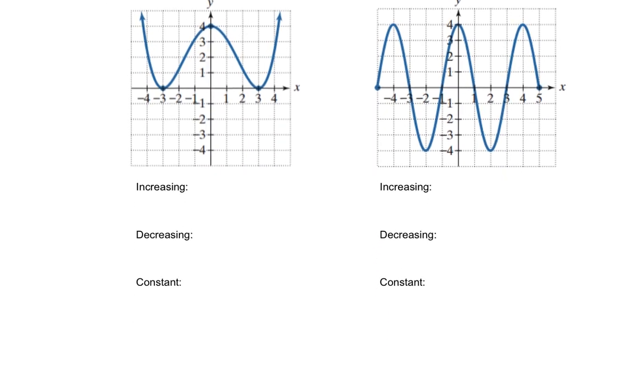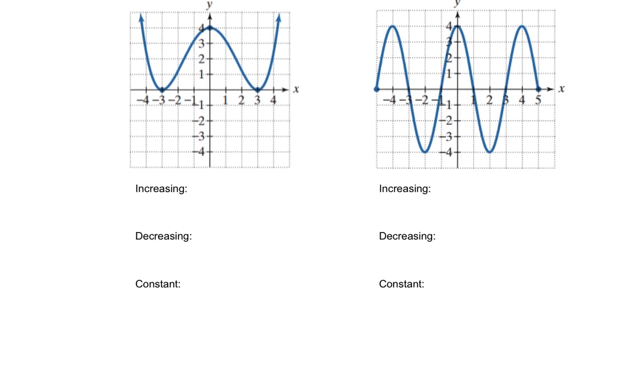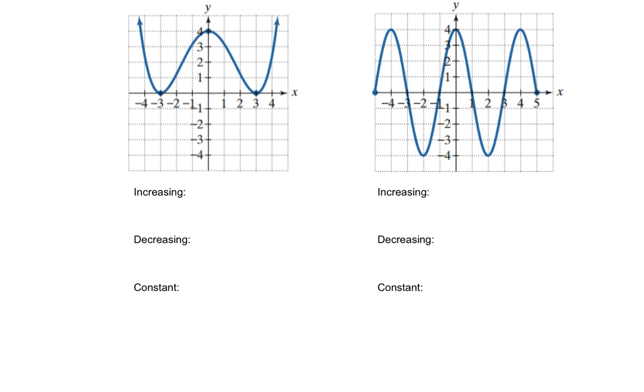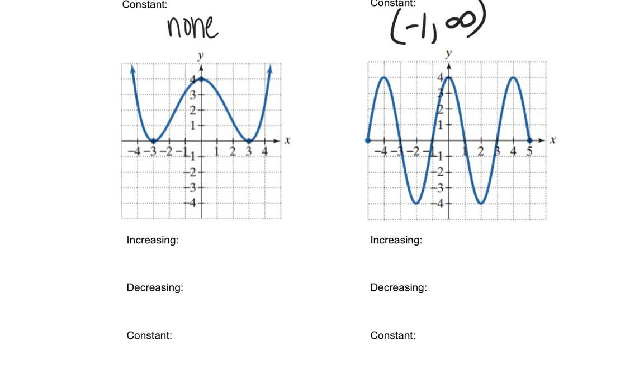All right, so let's look at the next two. So sometimes you'll have lots of hills and valleys too. All right, so where am I increasing? Well, first I'm going to identify all the points where things start to turn. So I know from negative infinity, I'm decreasing. So from negative infinity to -3, I'm decreasing. And then I start to increase.